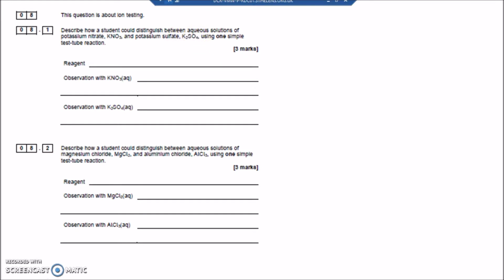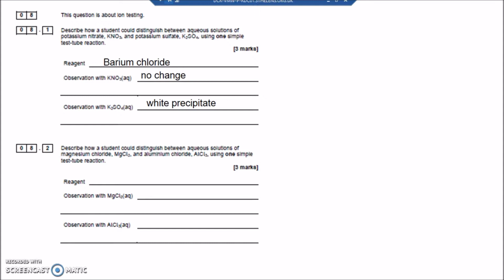It's a white solid that goes into the tissues, usually of your gut, when you want your gut or your intestine X-rayed, because the white solid then shows up in the X-ray. So barium sulfate is a white solid. The reagent is barium chloride. Barium chloride, no change with potassium nitrate. It's not going to make barium sulfate with that, but it will make barium sulfate with potassium sulfate as a white precipitate, or a white solid, you could put.